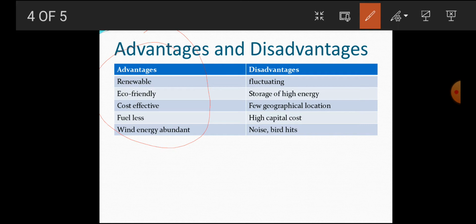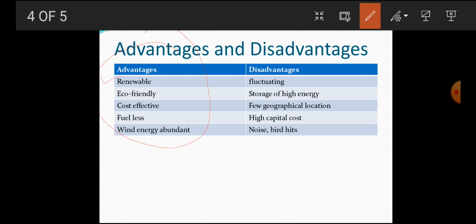So first, it is a renewable type of source, so it will not be depleted over time like fossil fuels, coal and petroleum. It is a renewable source which will be available in future. So that is a renewable advantage.